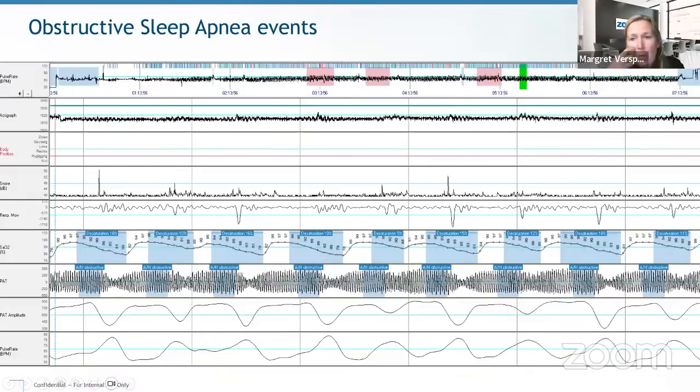So it's important to realize how the system works and how we detect apnea hypopnea events. It's not based on flow limitation, it's based on an arousal with a desaturation. So, a reciprocal pattern, desaturation, and the algorithm places an obstructive apnea hypopnea event before the arousal. We also make a difference between obstructive and central, which I will explain.